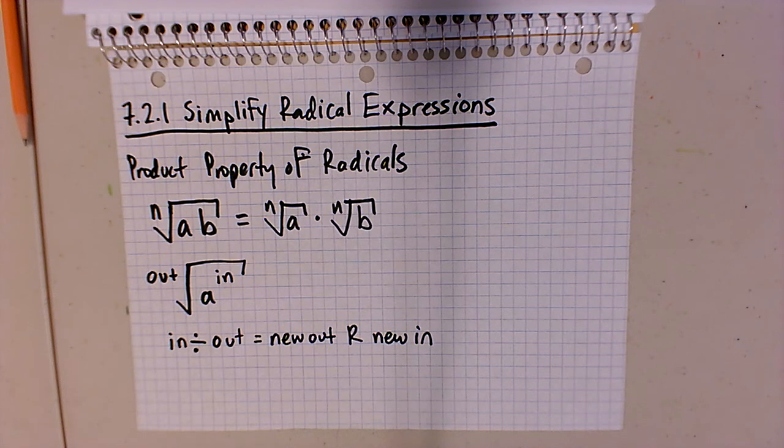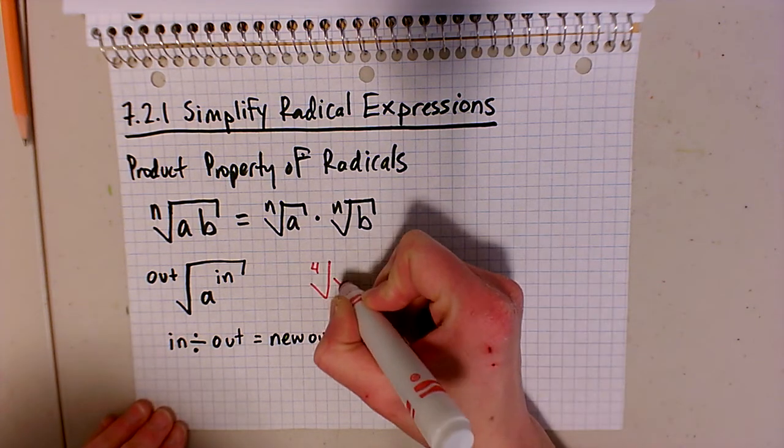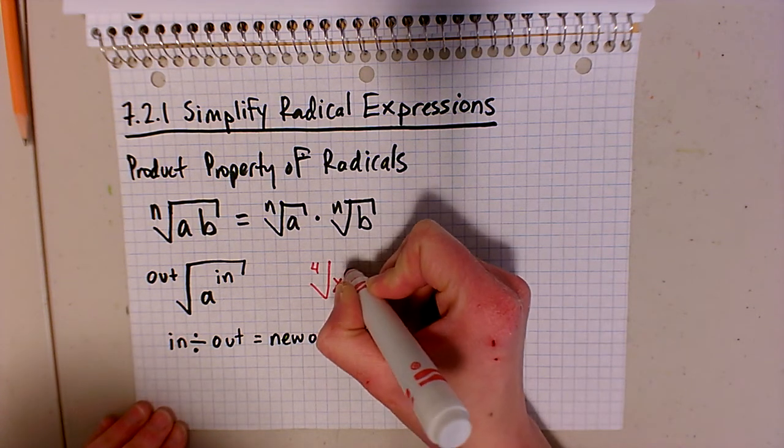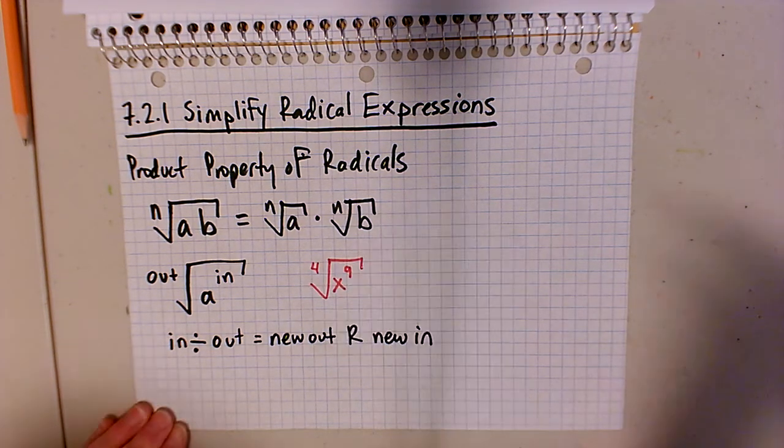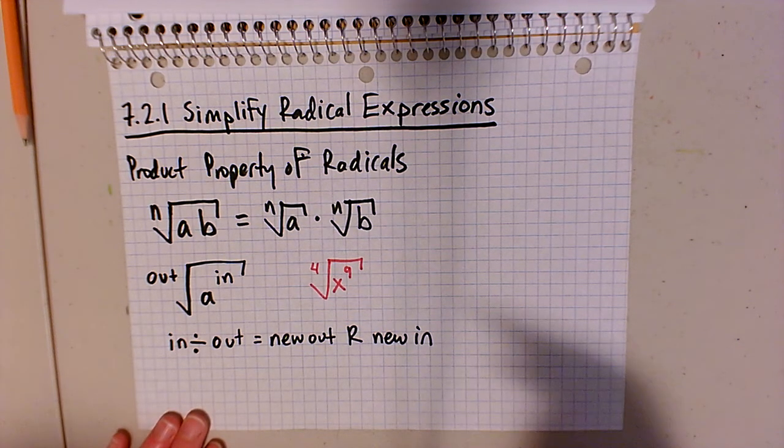Okay, so this might seem really weird to you right now, but this kind of division is the same kind of division that you would do in third grade. When you came across a remainder, we're not going to go ahead and find a decimal approximation with it. An answer might be something like 2 remainder 3. So let's do a quick example. Let's say we have the fourth root of x to the 9th. How we would deal with this is I would do in divided by out.